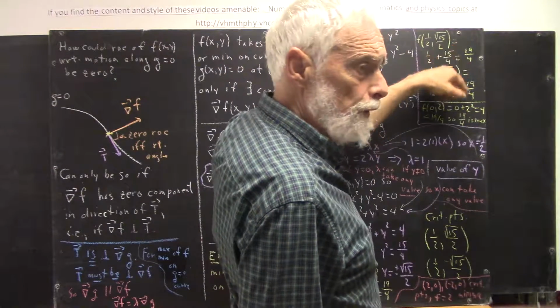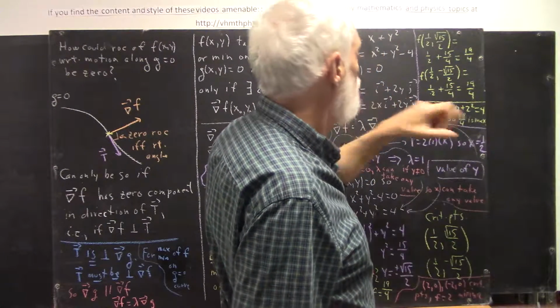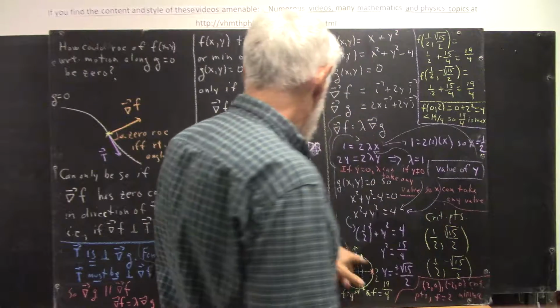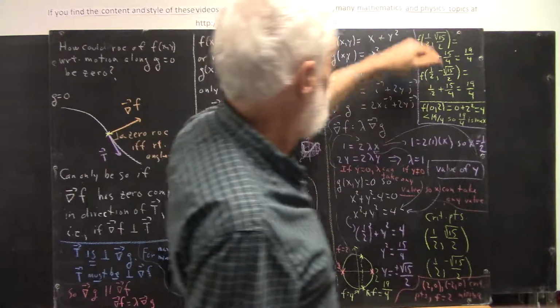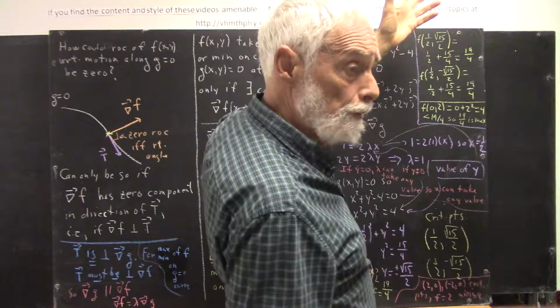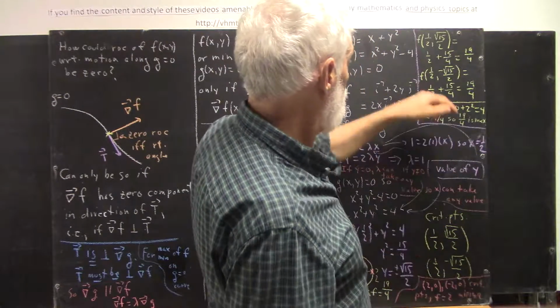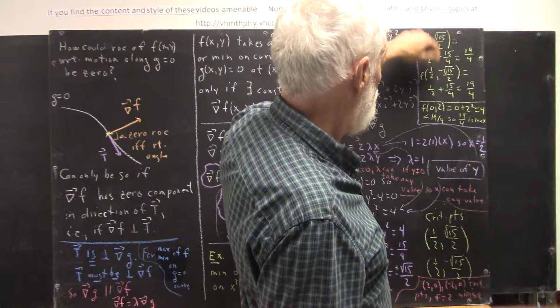Okay, so we want to know if each is a relative max or min. So what we want to do is maybe look at a point on the constraint curve, in this case the circle, that's somewhat close to this point, just to convince ourselves whether we have a max or a min.